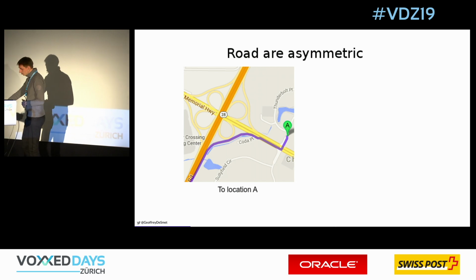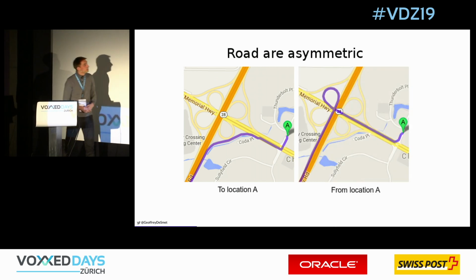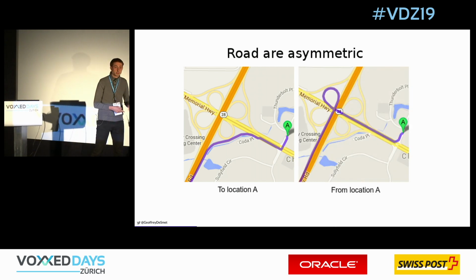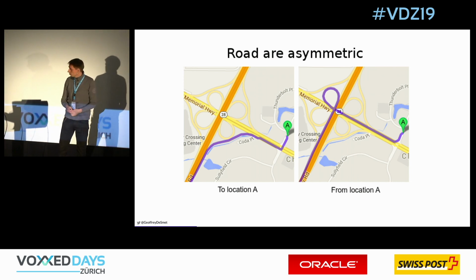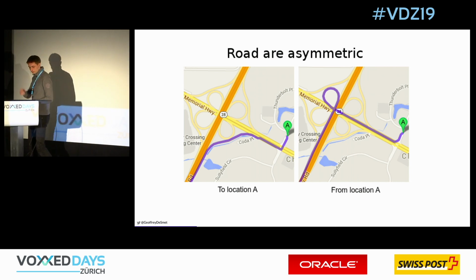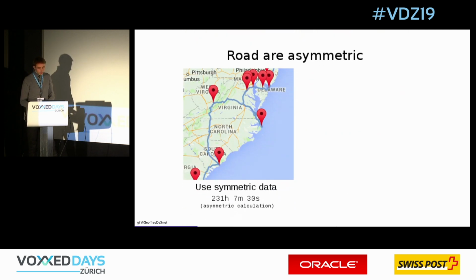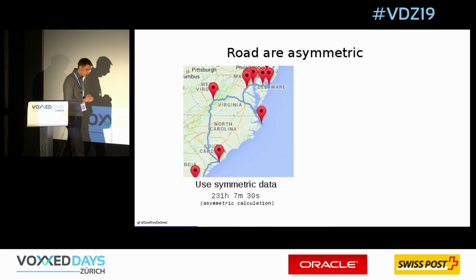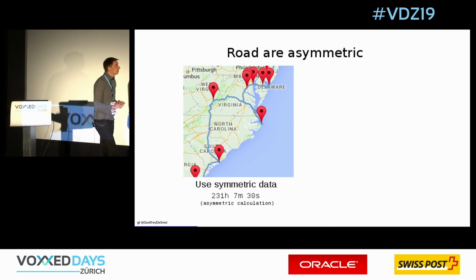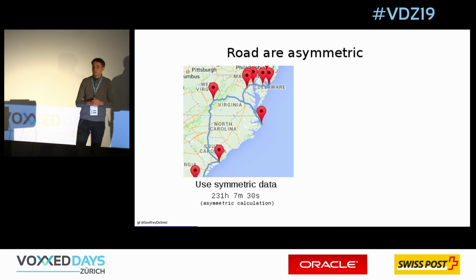So of course, if I drive in the other direction, it takes much more time because I have to do the whole crossroad thing. So interestingly enough, in the data set that he used, he presumed that the routes were symmetric.